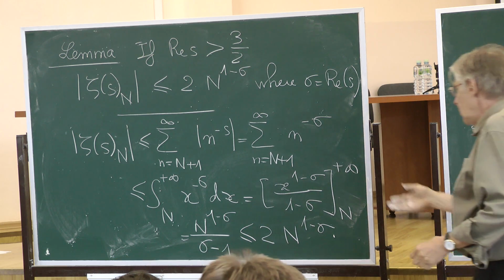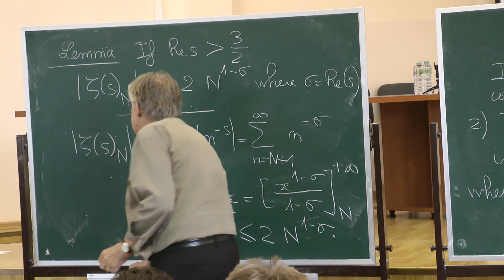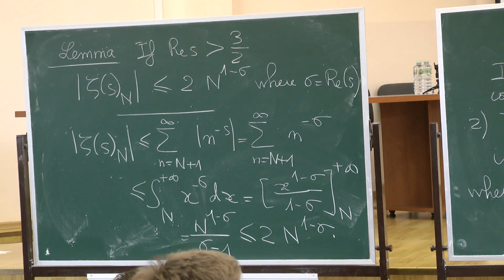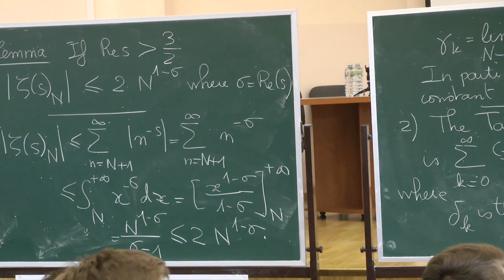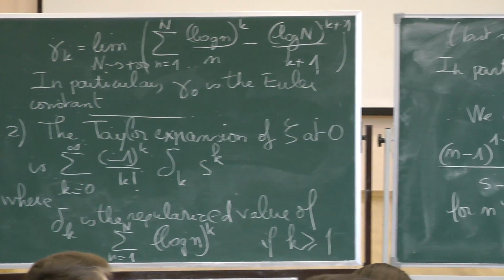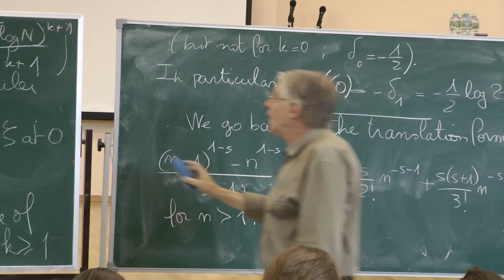And now, from this very simple lemma, I can tell you that in fact the series which I have here converges uniformly on any compact set of C. Let me just tell you why.